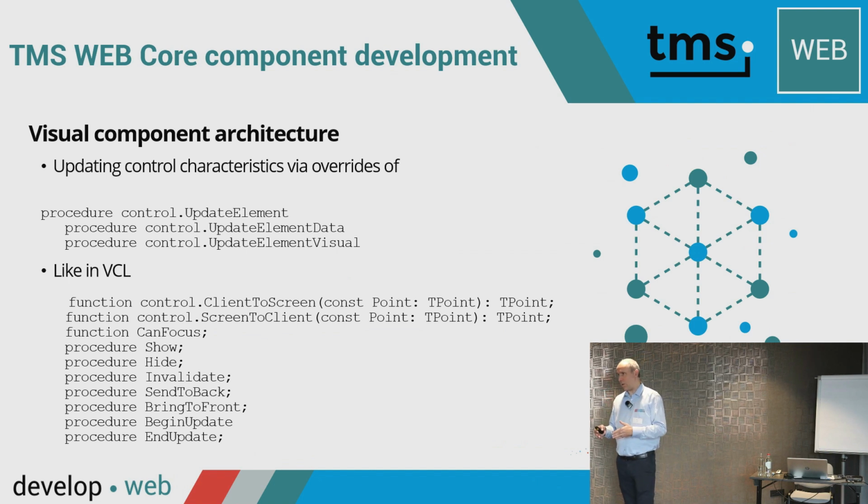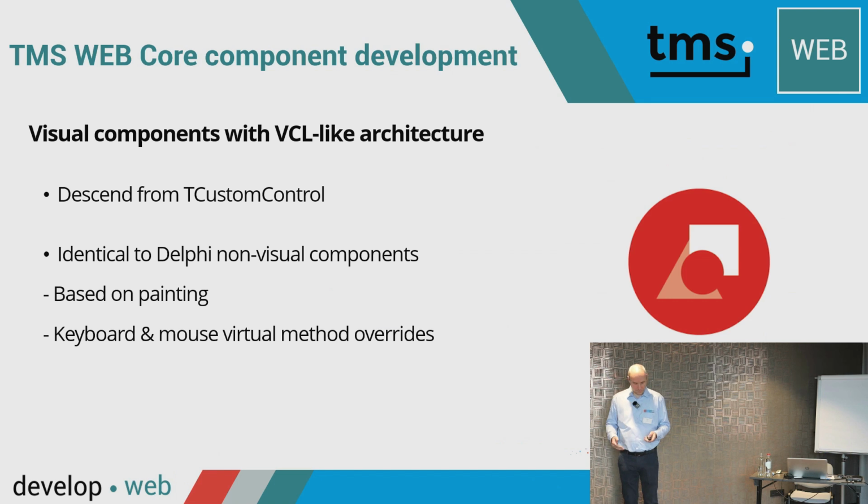So under the hood, when you call Show, the CSS display property of that HTML input element will change. When you call Hide, it will set that display CSS style property to none. But that's already all implemented at the custom control level, so you don't have to take care of that. Everything is already happening for you.